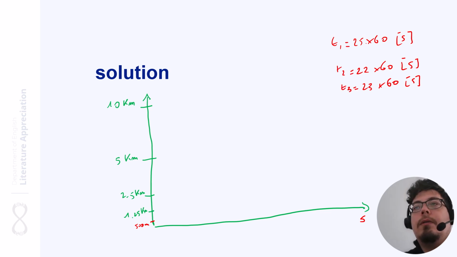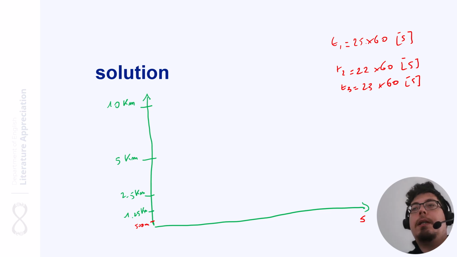Therefore, for T1, the first one will run 10 kilometers. So we need to find the velocity, which is the space divided by the time.